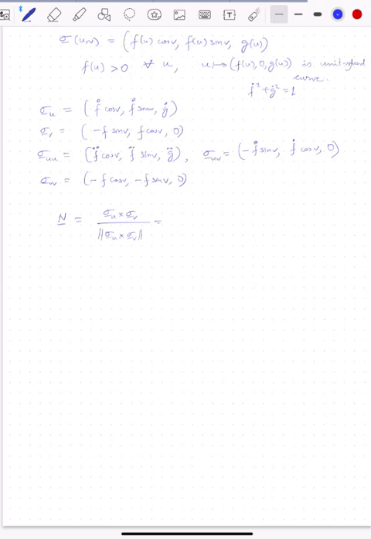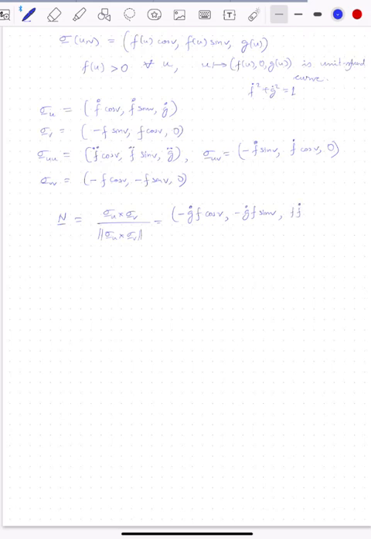And this gives us, so what we have here is minus g dot f cosine v, comma, the second term will be minus g dot f sine v, and the last term would be f dot f cosine squared v plus f dot f sine squared v.